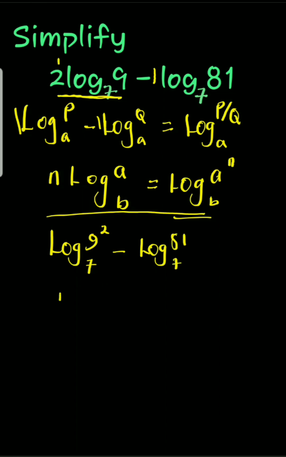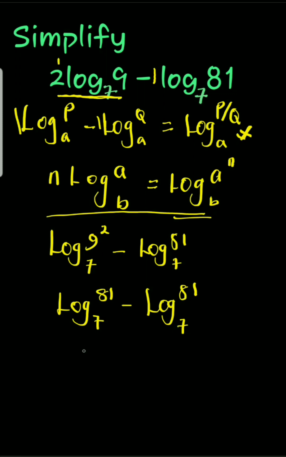And so, this is log 9 raised to power 2, that is 9 times 9, which is 81 base 7, minus log 81 base 7. We could apply this law written here at this point, or we can decide not to apply it, because log 81 base 7 minus log 81 base 7 is 0.